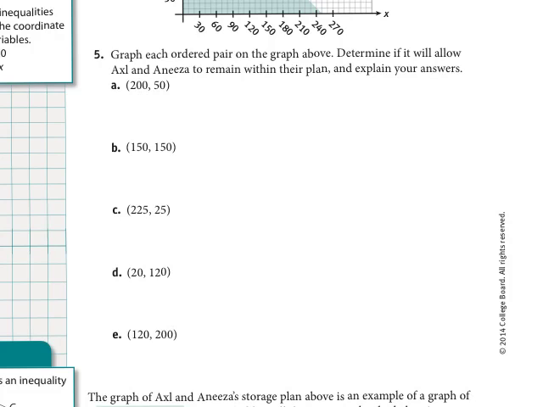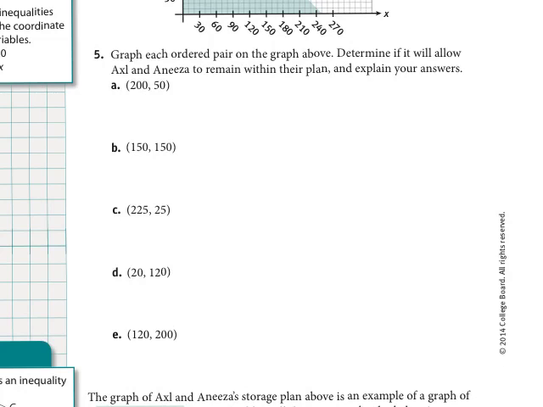Okay, so the ordered pair 200 comma 50. That's on the borderline, right? Is the borderline of this problem okay to use? Yeah, it is, because remember earlier on warm up we talked about solid versus dotted lines. Solid borderlines are when you're allowed to take the values from that borderline.